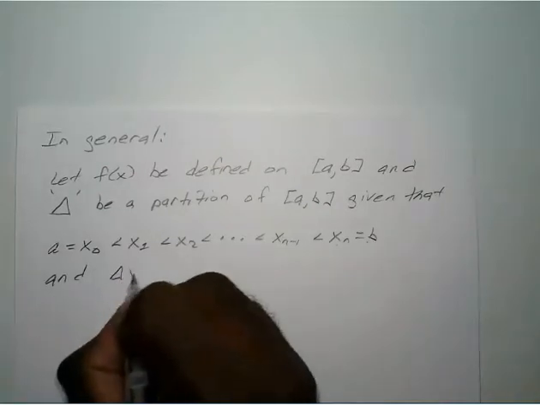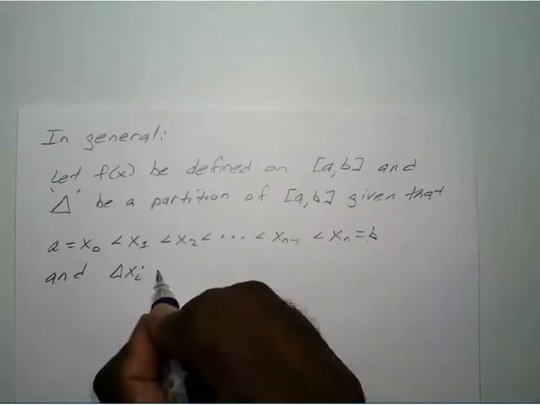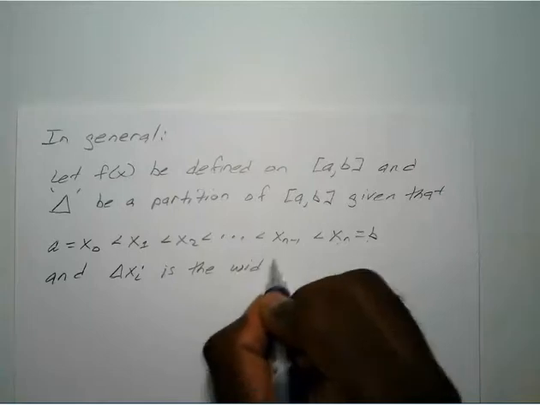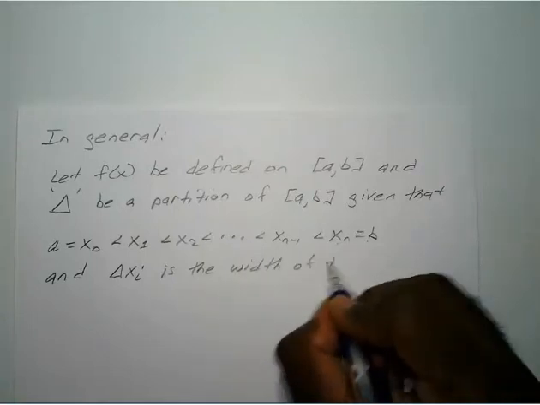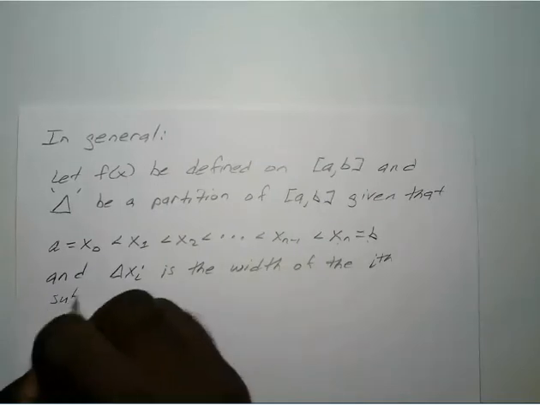And delta x sub i is the width of the ith subinterval.